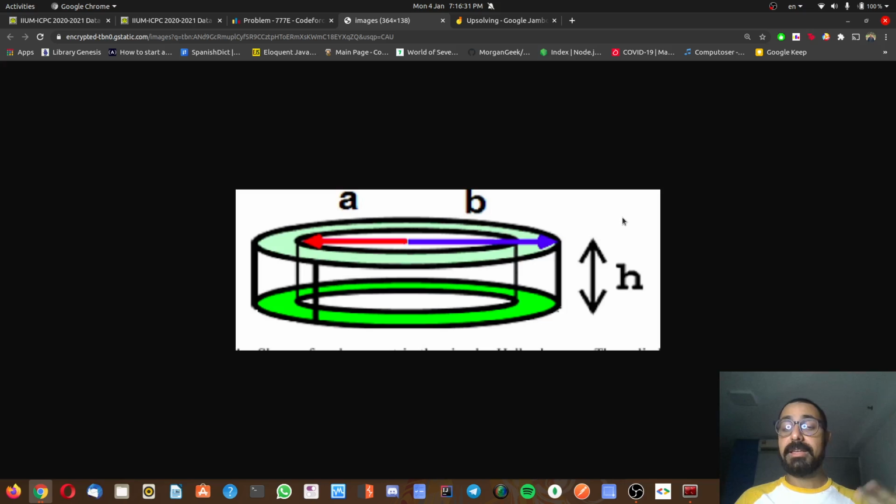The other condition is that the outer radius of the new object should be greater than a. It should not fall within. If it's a or smaller than a, it will just fall in this hole. We need to stack them one on top of the other to construct a tower. So the outer radius should fall in this area, greater than a but smaller than or equal to b.